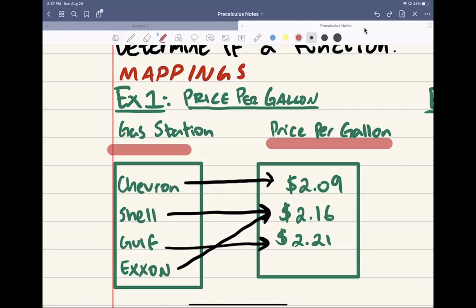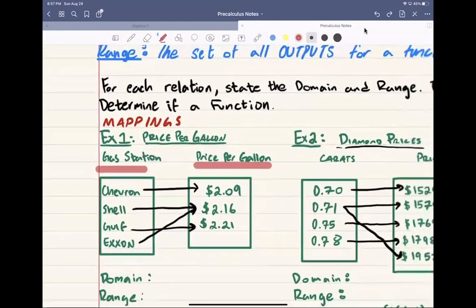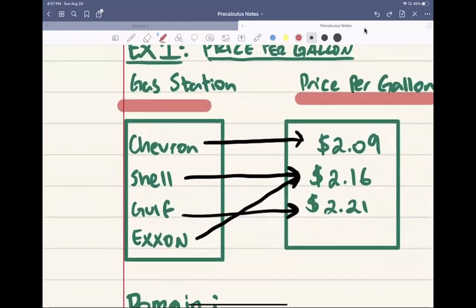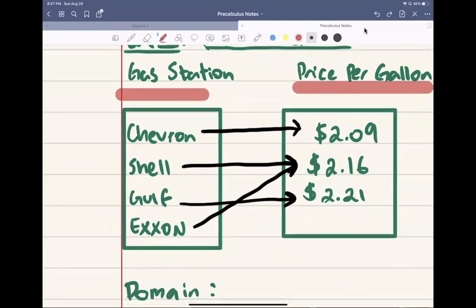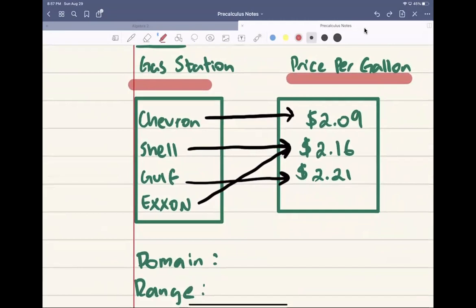Anyways, first things first, we're just going to state the domain and range. The domain is the part that is going towards our range, so our domain usually has an arrow going to our range, right? So our domain here is going to be our gas stations, because depending on which gas station you go to, we're going to find out how much you're paying for gas, the price per gallon.